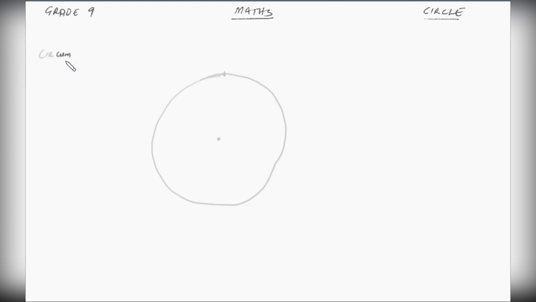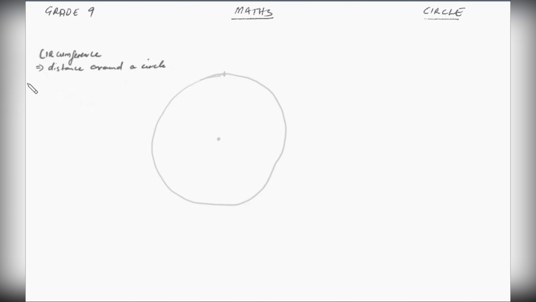The circumference is actually the distance around the circle.